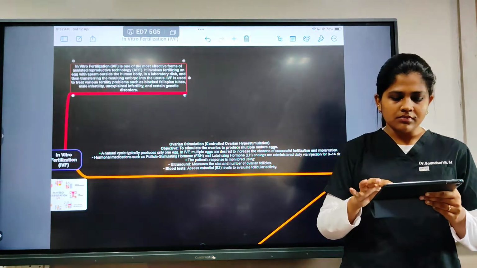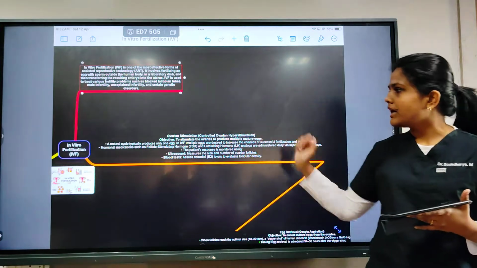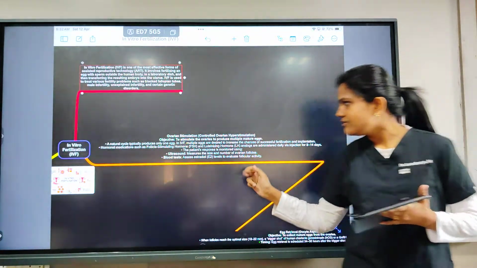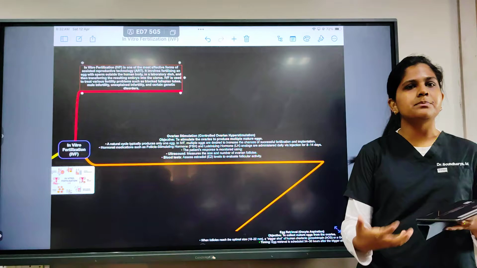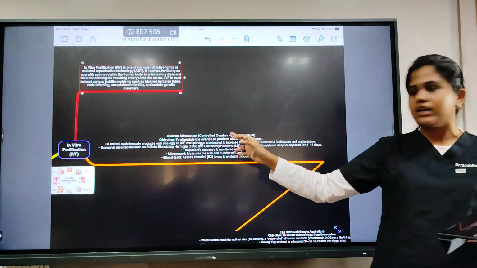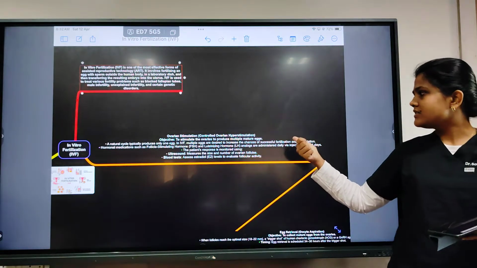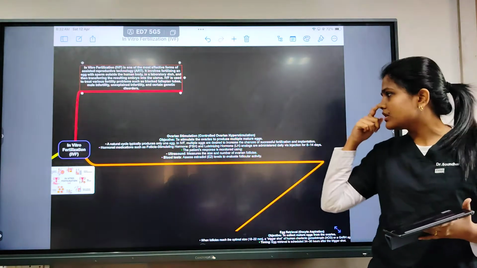So ovarian stimulation is actually a controlled ovarian hyperstimulation. The objective is to stimulate the ovaries to produce multiple mature eggs. A natural cycle typically produces only one egg, so in IVF, multiple eggs are desired to increase the chances of successful fertilization.